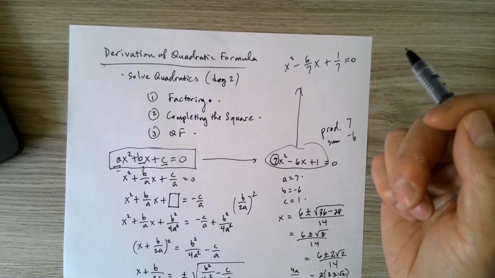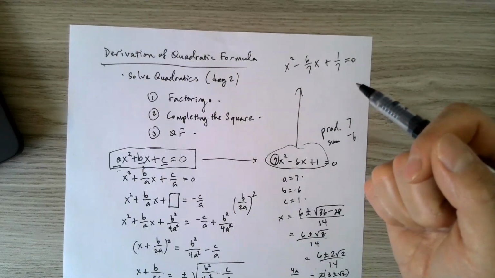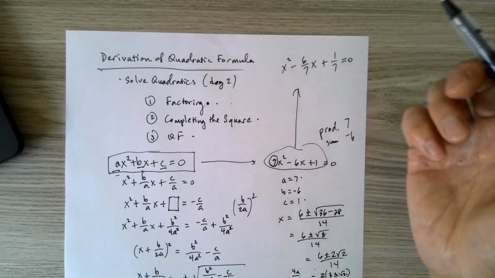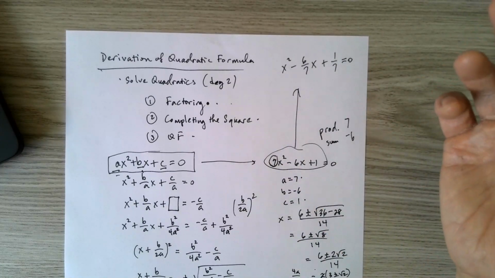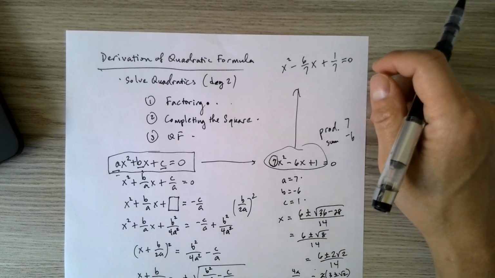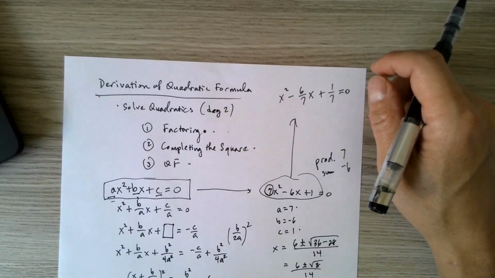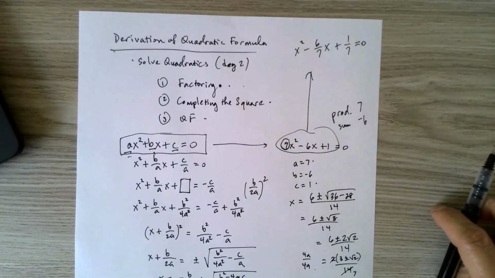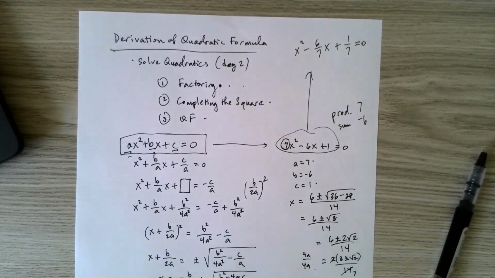So you have to look at the big picture, consider the pros and cons of each method, then pick a method. Okay, so that's solving by quadratic formula, and that'll be the last method we have for solving quadratics.